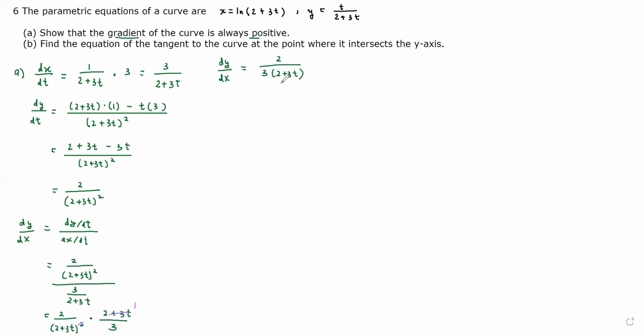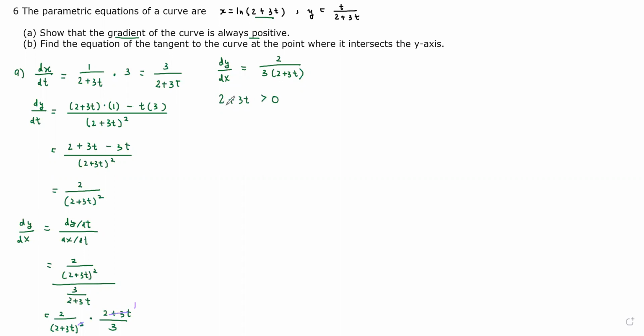Now, to show that this is always positive, we need to look at the equation of the curve again. Look at the domain for the equation of the curve. Now you see that x is ln of (2 + 3t). x is only defined when ln of (2 + 3t) is defined, which is only when the argument 2 + 3t is greater than 0.